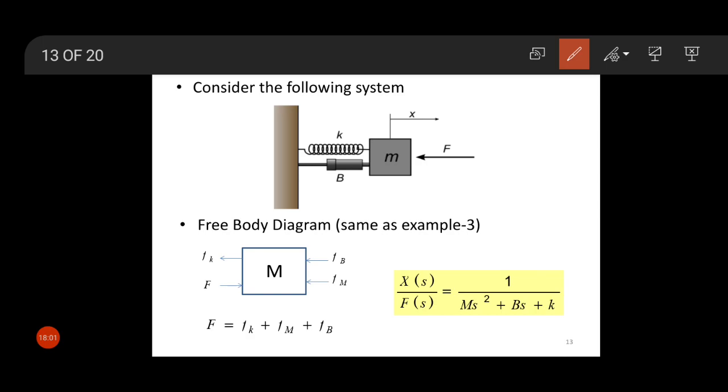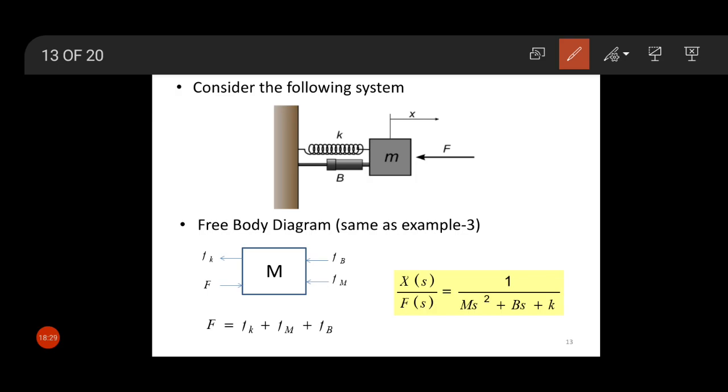The reaction force is small fm, and written in terms of displacement, Fm equals capital M into d2x/dt2. The third one is our reactive force. If we represent this reactive force in terms of displacement, then Fb equals capital B into dx/dt.